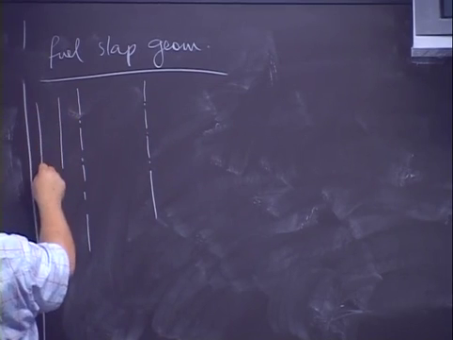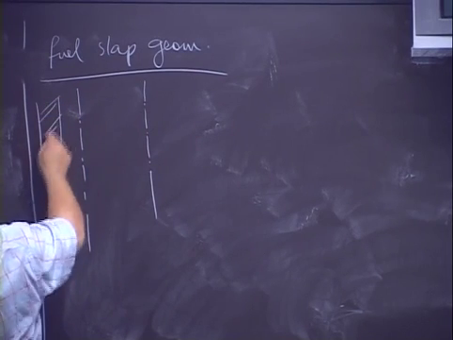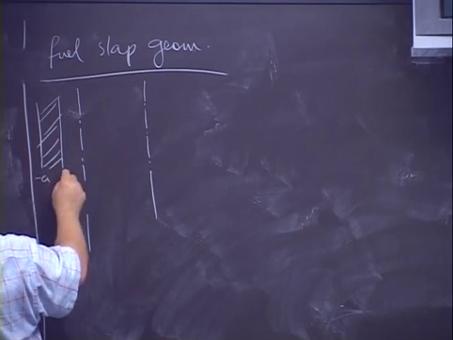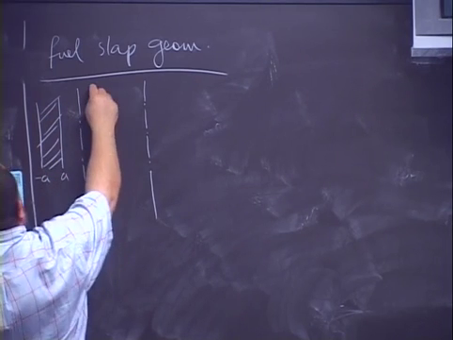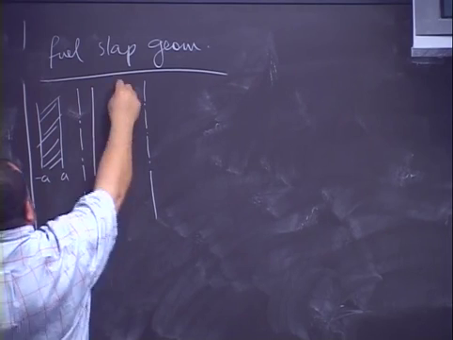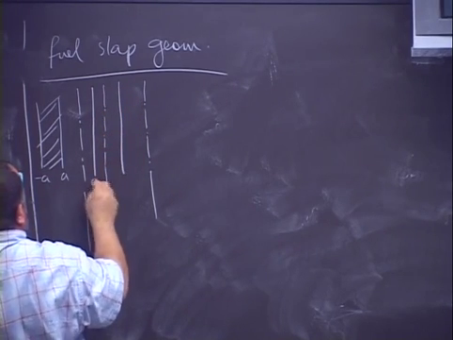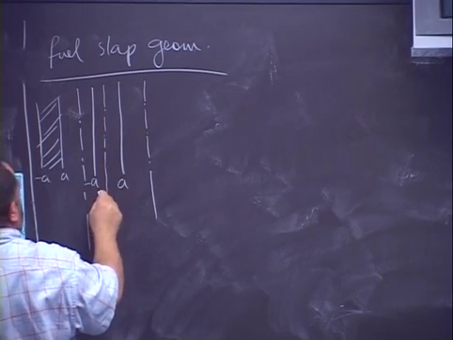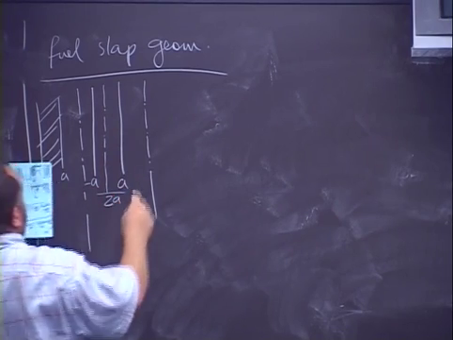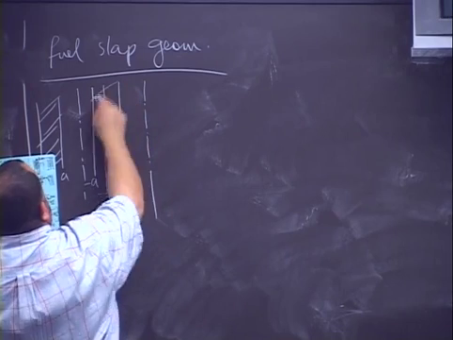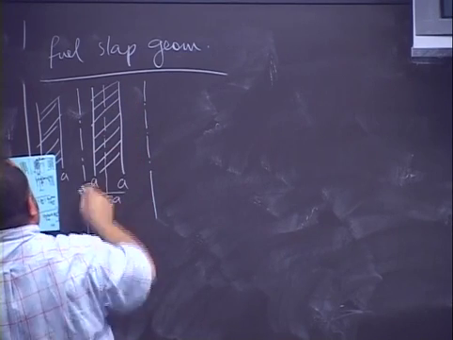Let's say the fuel here has between negative A and A, and another fuel here in a slab geometry, and this is again negative A and A, so this is something like 2A, and this is the second fuel.